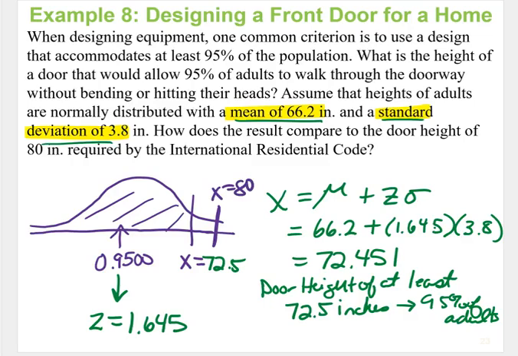So notice 80 inches is going to cover more than that 95%, right? We're going to have a higher probability if we were to scooch that over just a little bit and include this area right here. So more than 95% of adults would be covered. So if you stick with the residential code, you're definitely going to cover that 95% and have room to spare, right? You're going to cover more than 95% of adults.